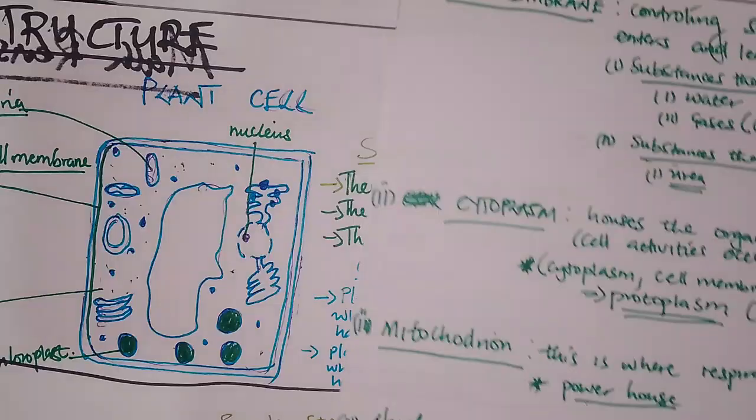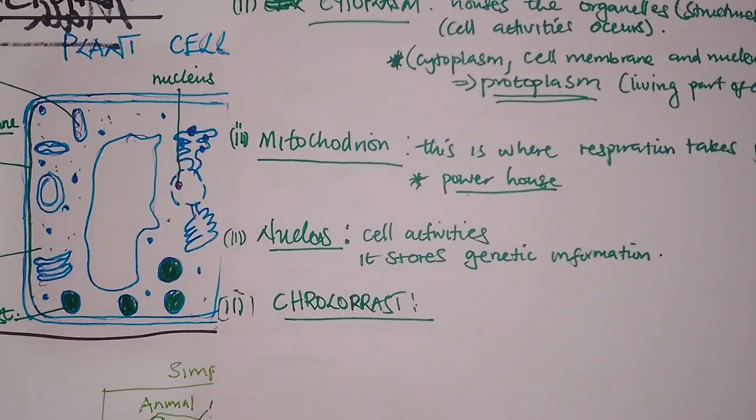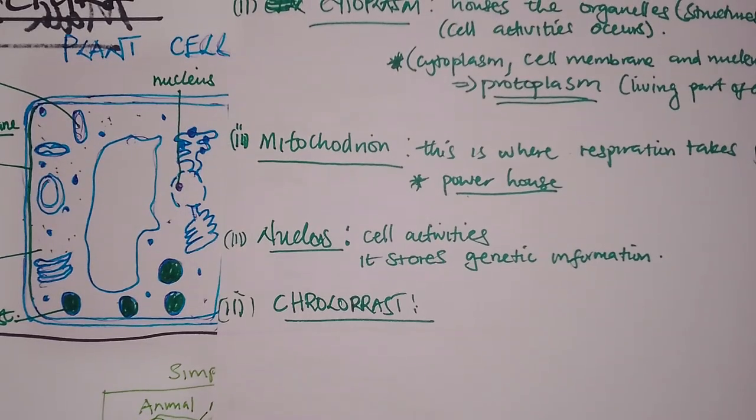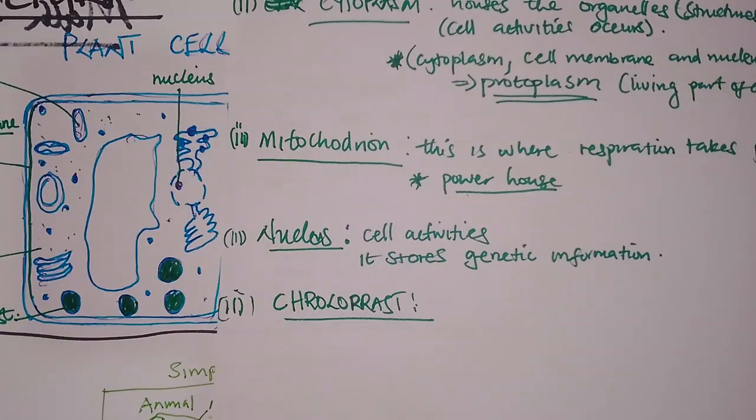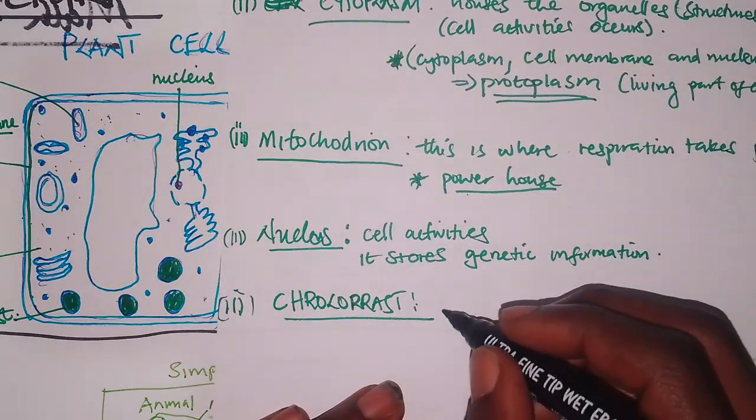So what is the function of chloroplast? Chloroplast is where photosynthesis takes place. So I've talked about two things. We have talked about where respiration takes place, and we have also talked about where photosynthesis takes place. So photosynthesis takes place in chloroplast.